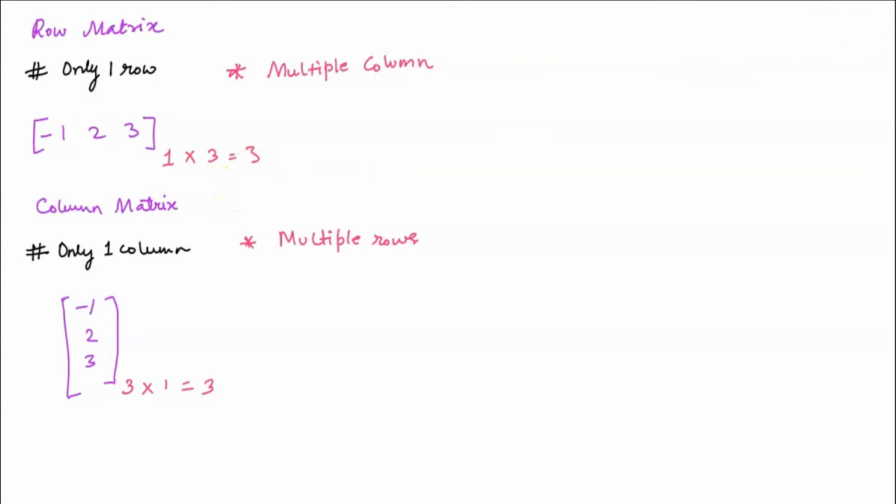So another major concept is hidden in this row and column matrix: if we do the transpose of a row matrix we get the column matrix, or in other words, the transpose of a row matrix is a column matrix and the transpose of a column matrix is a row matrix.